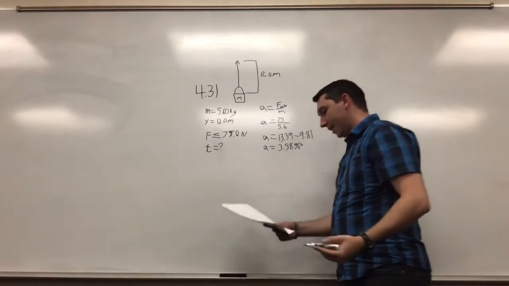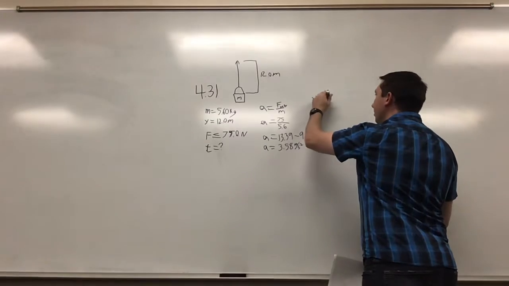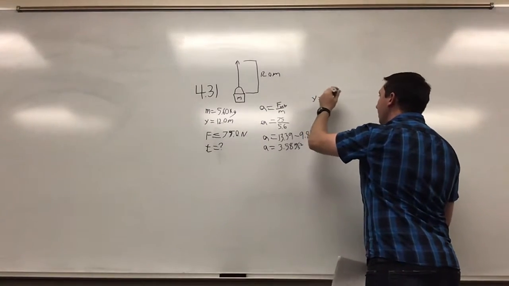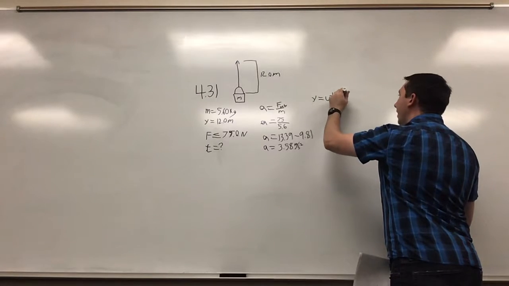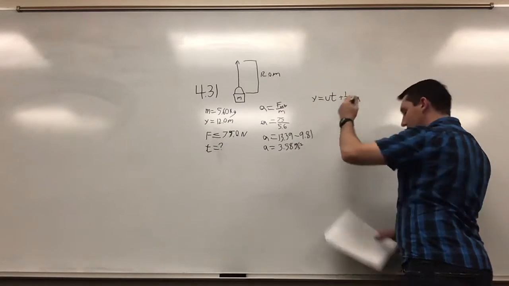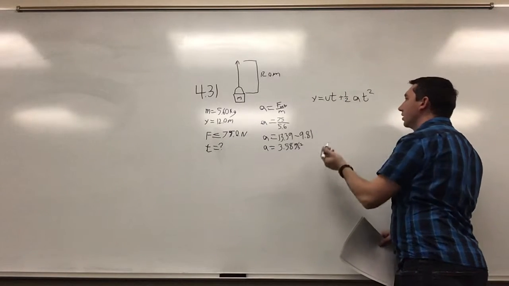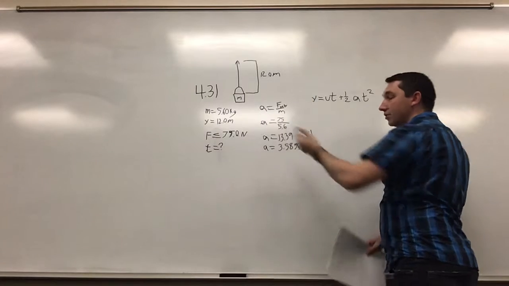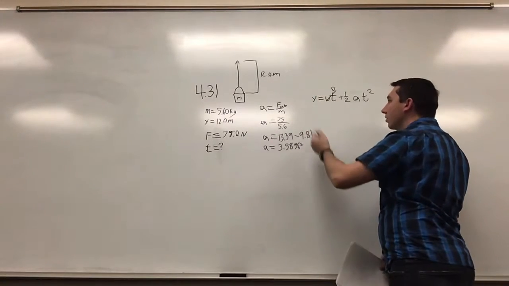So then once we have that, we can use the equation that the distance is equal to the initial velocity times time plus 1/2 the acceleration times time squared. We know that the bucket started at rest, so this term goes to 0.